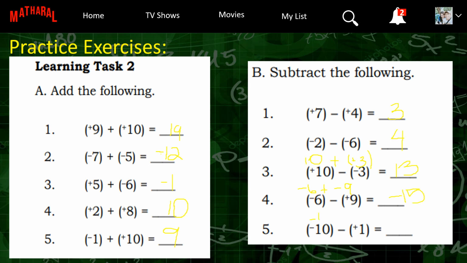Negative 10. Keep. And then, change. And then, ito naman po ay negative 1. So, the answer is, ayan, negative 11 po. Pareho ng ating ginawa doon sa number 4 using the same rule. Okay po. So, that's it.